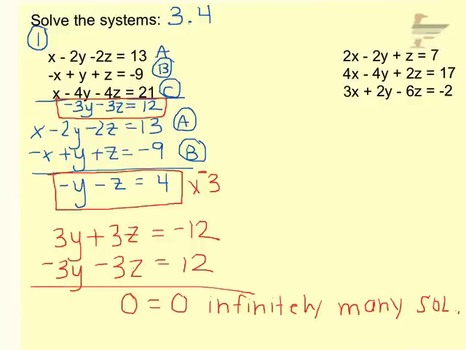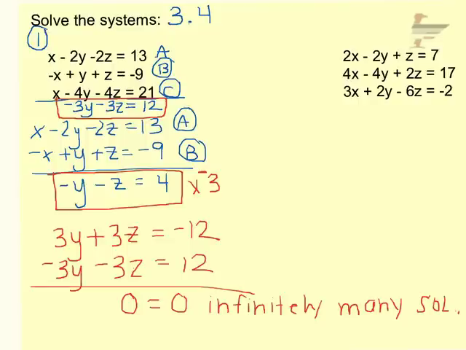Every once in a while it happens in the very first step, and don't be alarmed if that happens. That's totally fine. This means you have three planes that are on top of each other, so they share every possible solution.